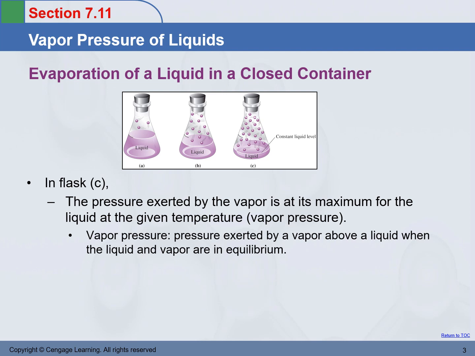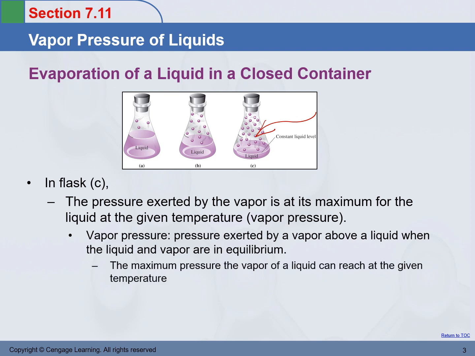That is called the vapor pressure of this liquid, in this case water, at this temperature. The vapor pressure is the maximum pressure evaporation can make at that temperature for that liquid. Again, the vapor pressure is the maximum pressure the vapor of a liquid can reach at a given temperature.